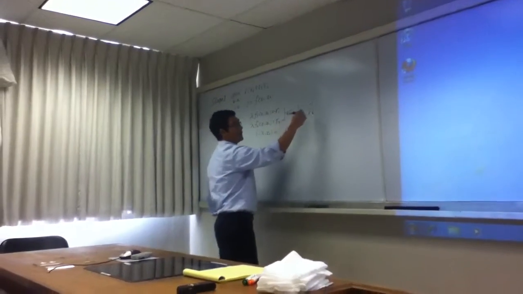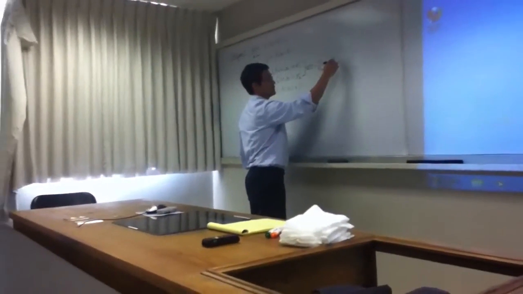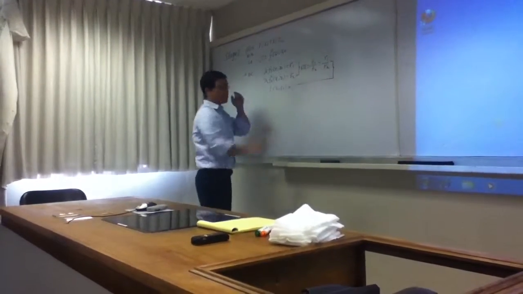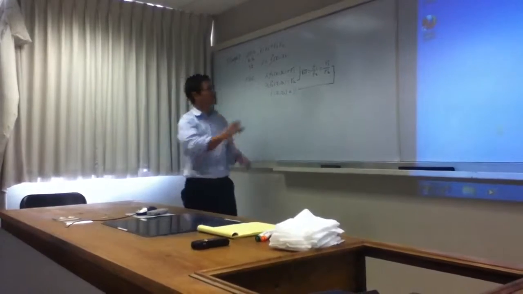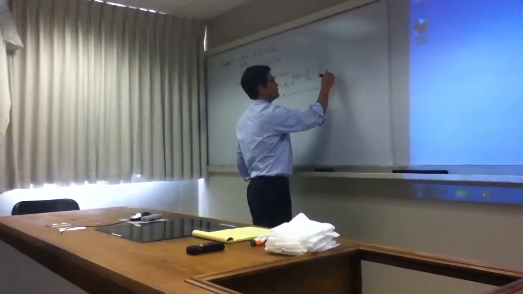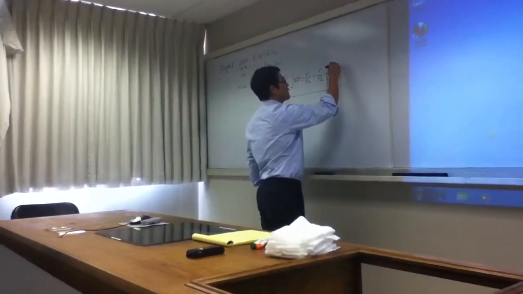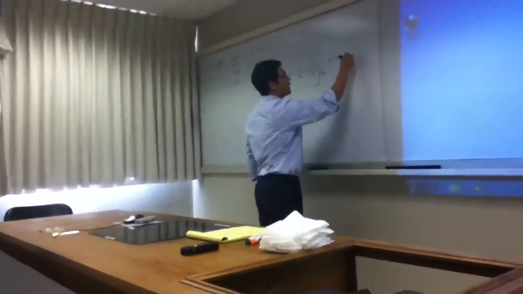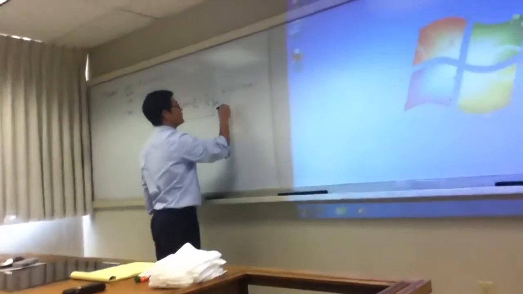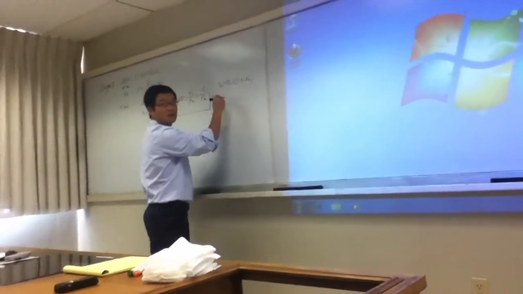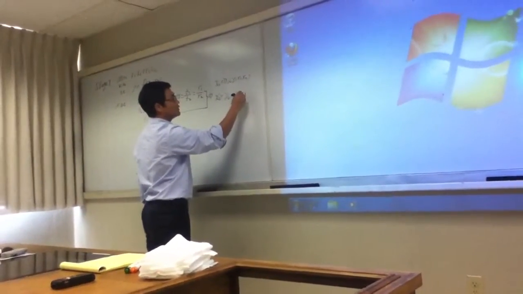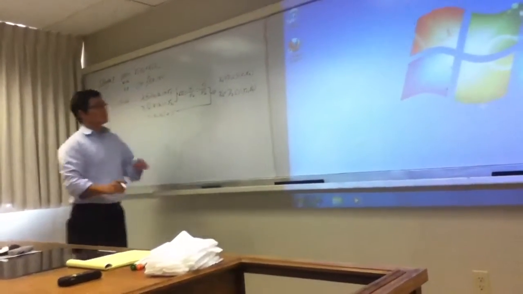We then combine this equation with the constraint. We have two equations, two unknowns, so we can solve for x1 is d1 of y, r1, r2, x2 is d2 of y, r1, r2.